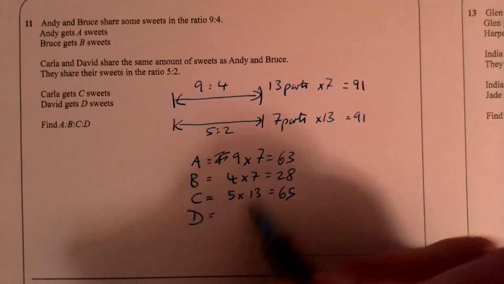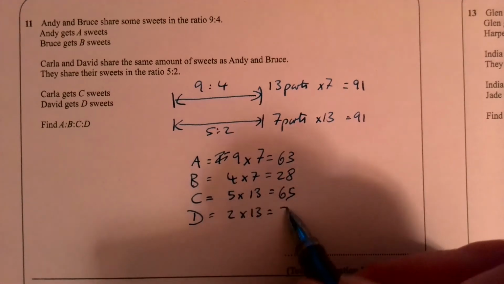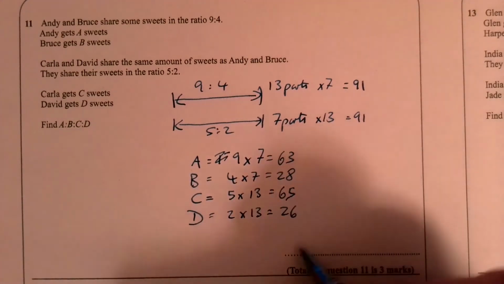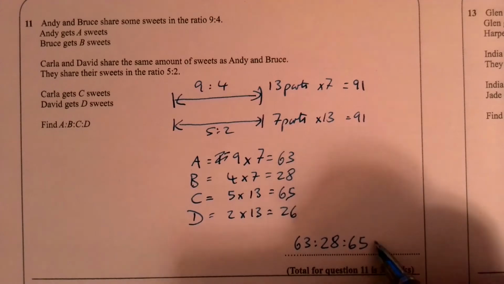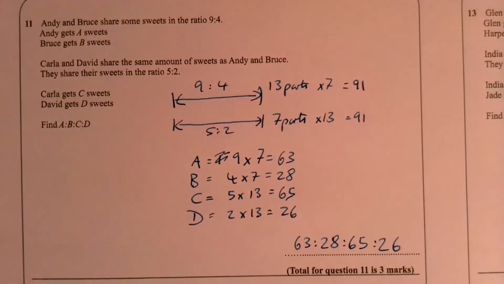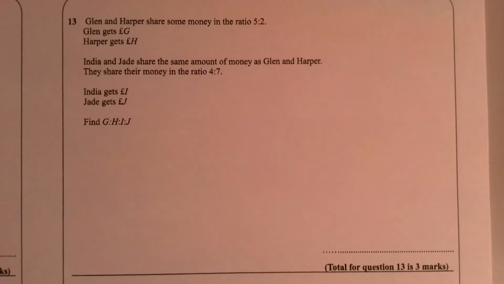And David is going to have 2 times 13, which is 26, which means we get 63 to 28 to 65 to 26. And although those are both even, these aren't, there's not going to be anything which goes into all of those. And now we do just have one question left, which is question 13.